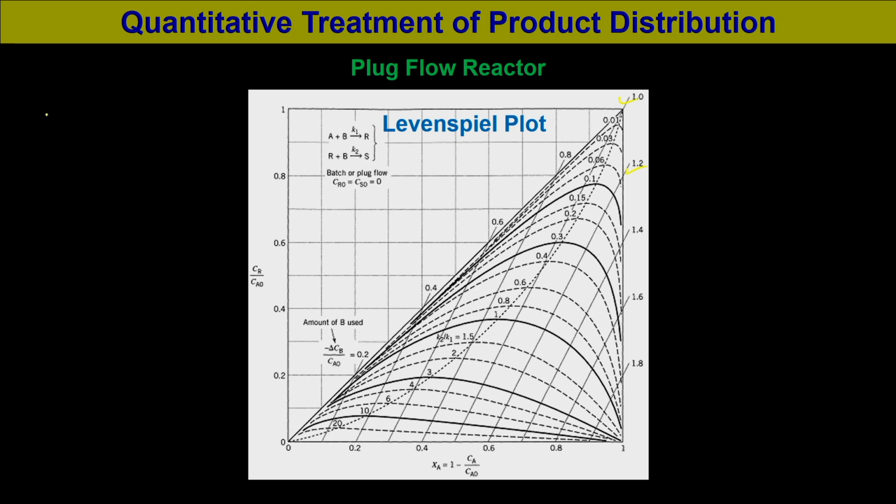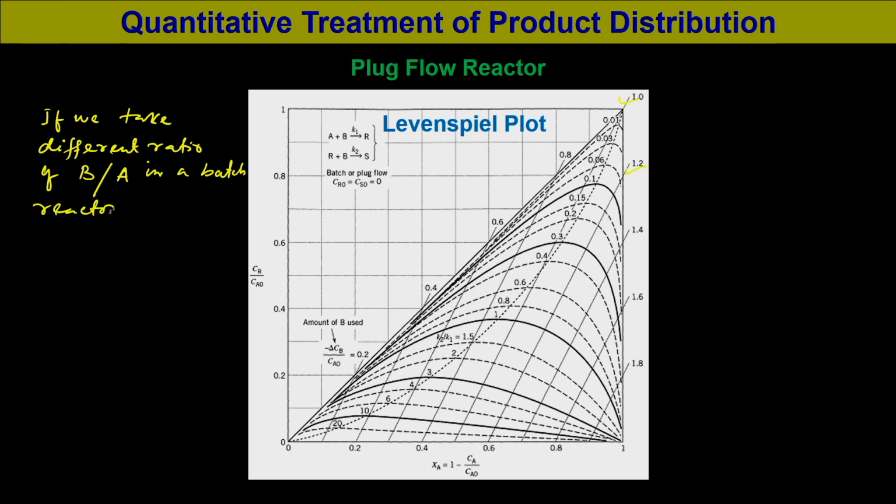So, if we take different ratios of B by A in a batch reactor and allow the reaction to complete, then for each run we can obtain K2 by K1 values.